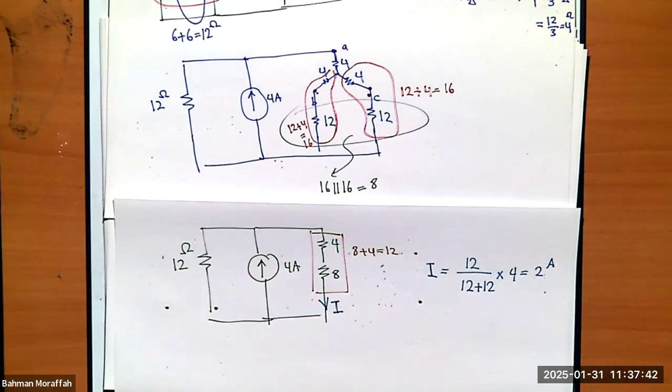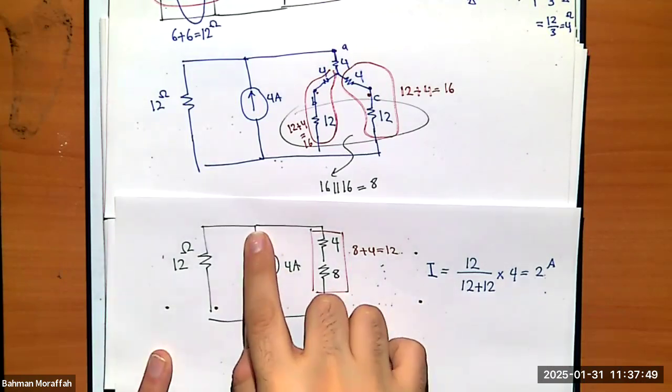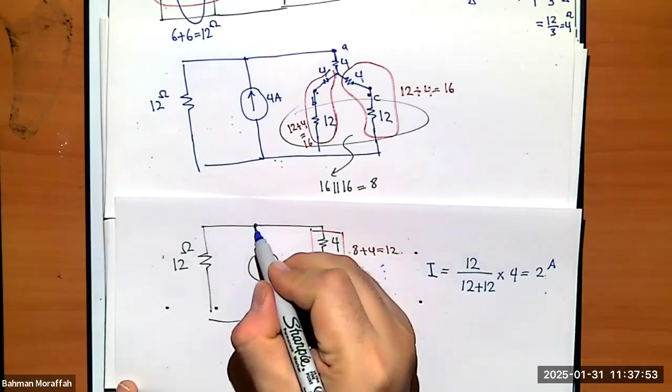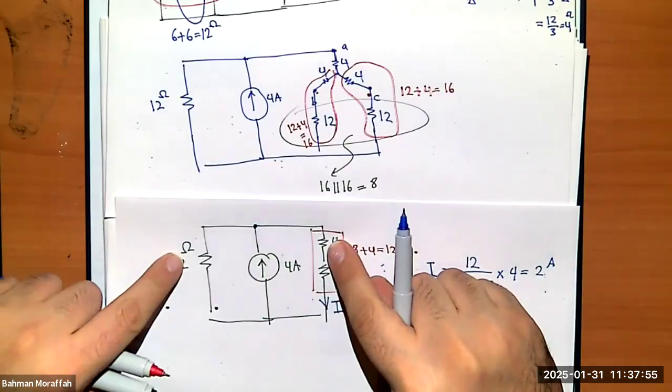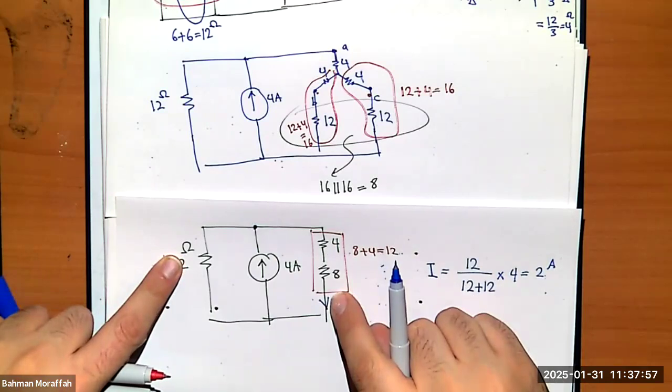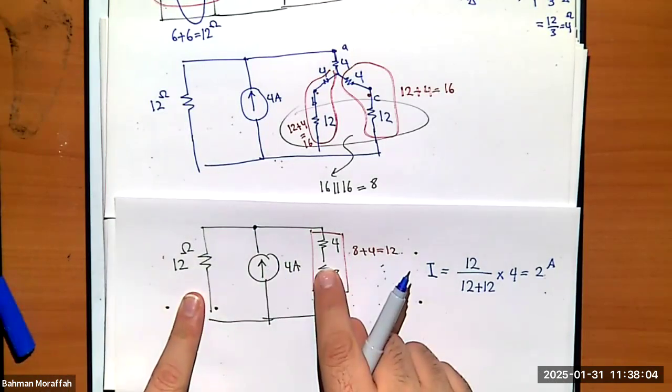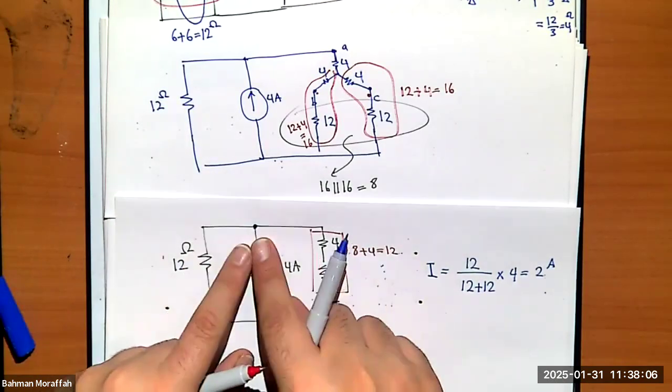There was a very simple way of obtaining this 2. How? Look, this 4 amp is going to go all the way through here. It's going to get to this point. And if you look at the resistors over here, they both are 12. So the current is going to split. But since these two values are exactly the same, it's going to split equally.